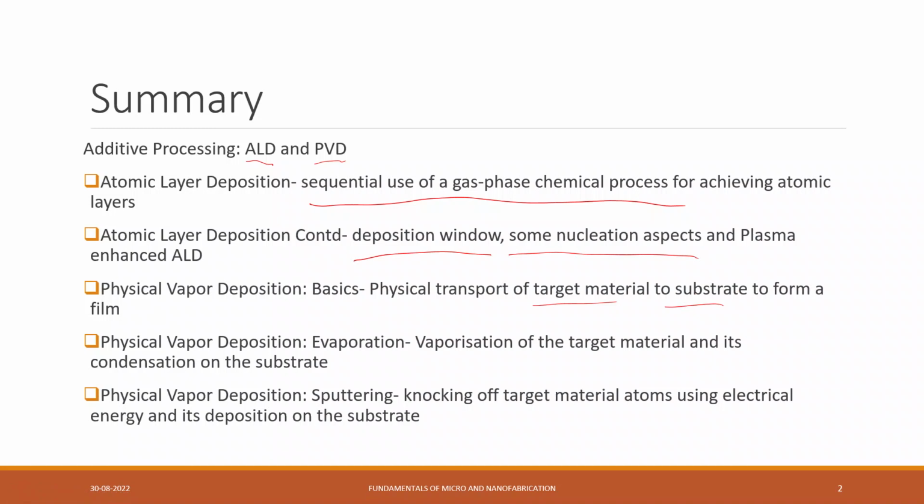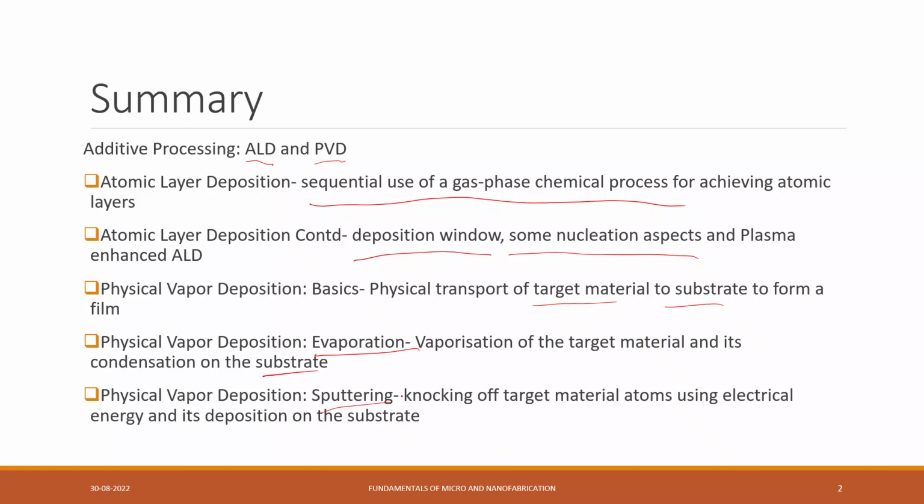The subsequent videos deal with two methods. The first is evaporation, by thermal process, where we vaporize the target material and it condenses on the substrate. The last one was sputtering, where we knock atoms off the target material and get them deposited on the substrate.